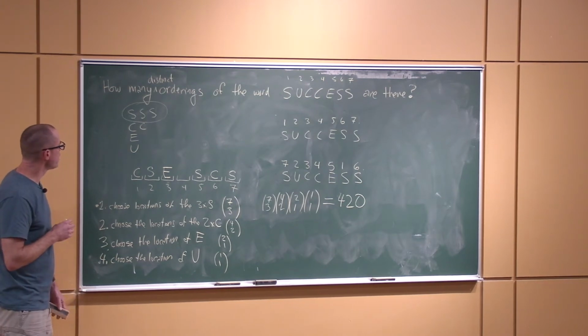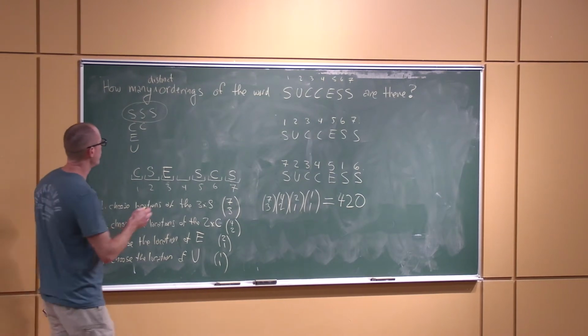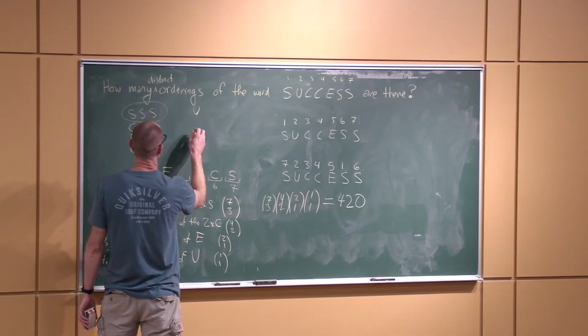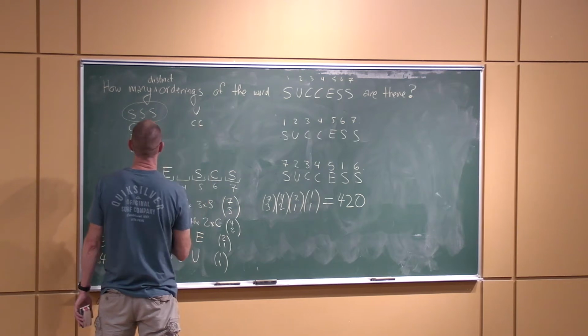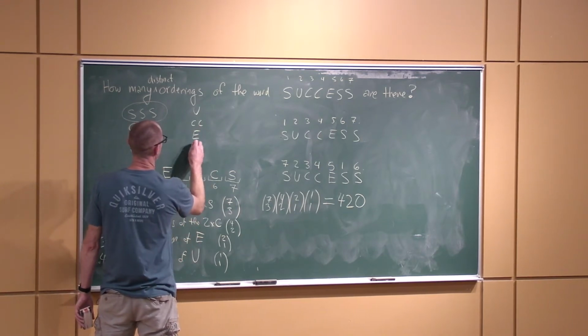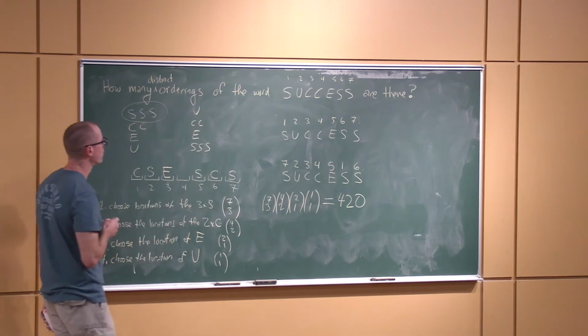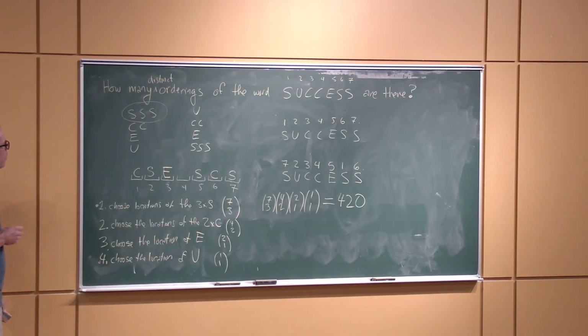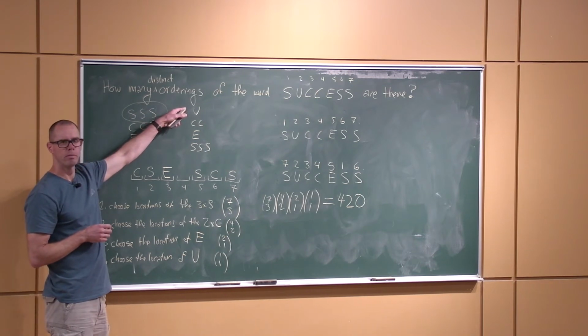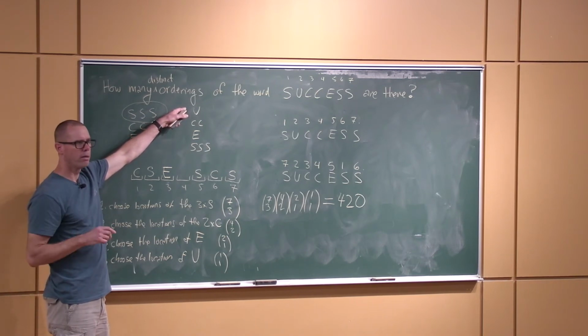Let's think about doing this a different way. First we'll place the U, then we'll place the 2 C's, and then we'll place the E, and then we'll place the 3 S's. So how many ways are there to place the U? 7 choose 1.